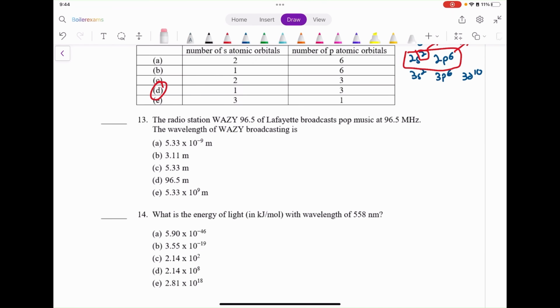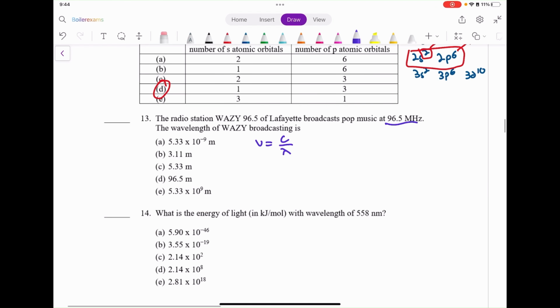12D. 13, the radio station of Lafayette broadcast pop music at that frequency, and they want to know the wavelength. So we know that frequency and wavelength are related through the equation frequency equals the speed of light over wavelength. Pretty simple equation. They just give us the frequency and we can plug it in, but we're going to want to do some conversions here.